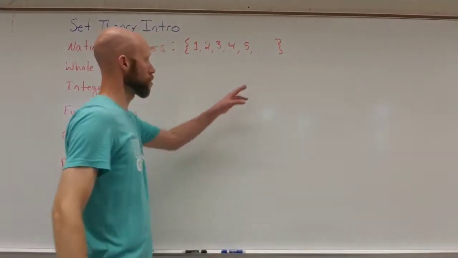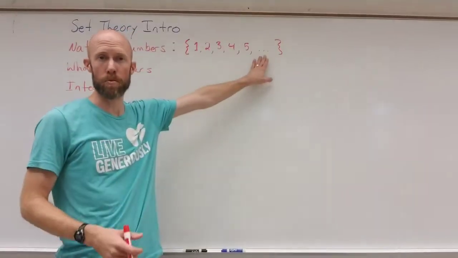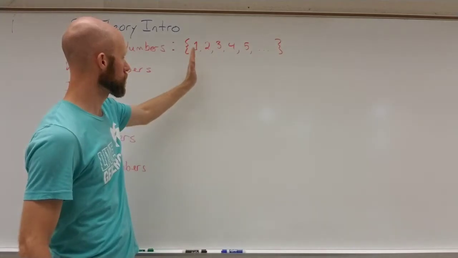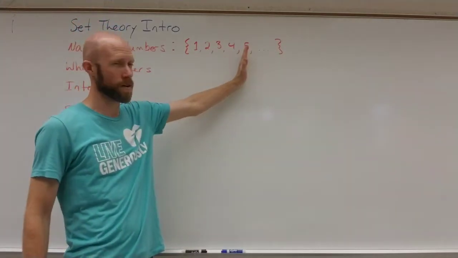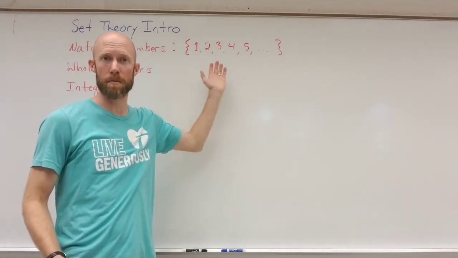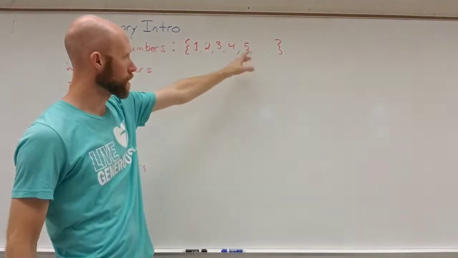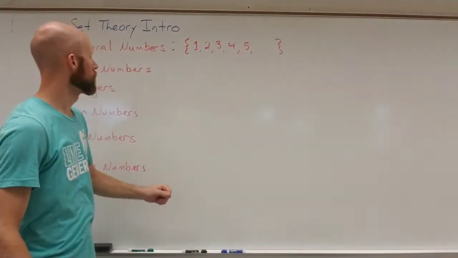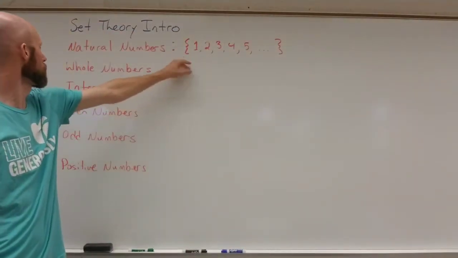Now this is an appropriate use of the ellipsis, meaning that you've established a very specific pattern of increasing by 1 that can be seen clearly. There's no other possible pattern here. And the ellipsis shows that it continues on without end. Okay? So this would be the set of natural numbers.